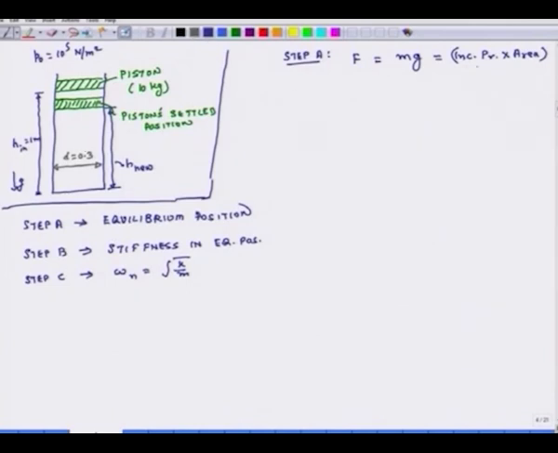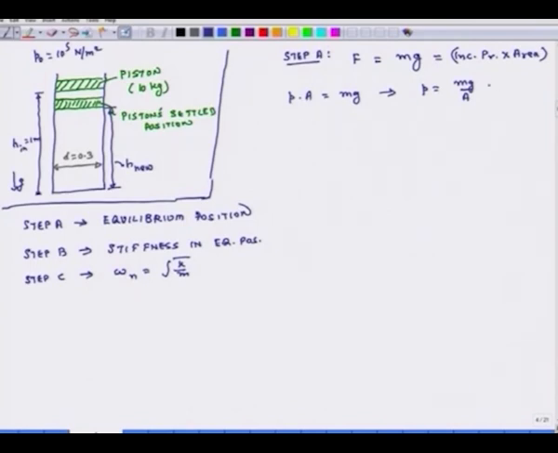We plug in the values for area, mass and g, and through that process we can find the incremental pressure. If incremental pressure is P, then P times area equals mg, and what I get is P equals mg over A.